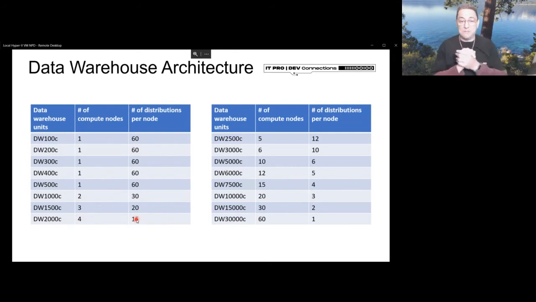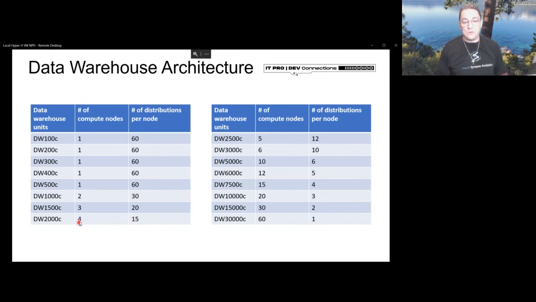Pay close attention. You're always going to have parallelism in Synapse. But if you have only one compute node, it's kind of like having one physical CPU and 2 virtual CPUs inside a laptop, for instance, when you do multi-threading and things like that. So you have parallel processing in that compute node, but it's not really physical parallel processing.